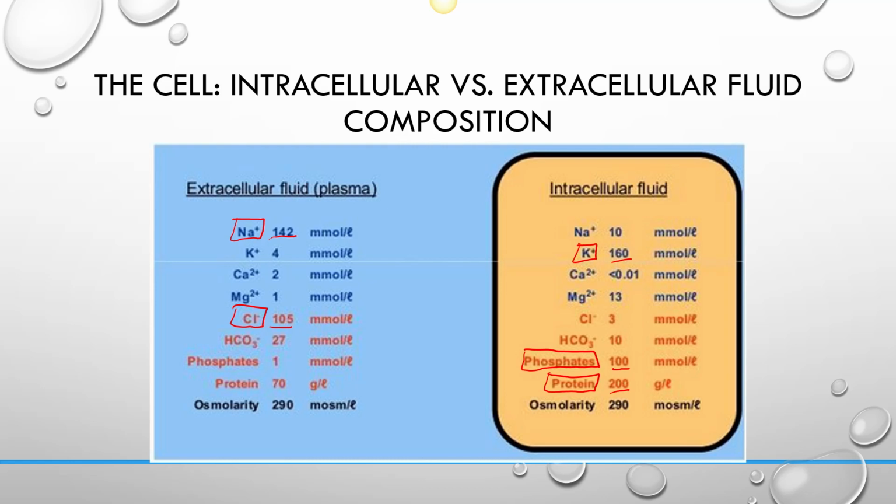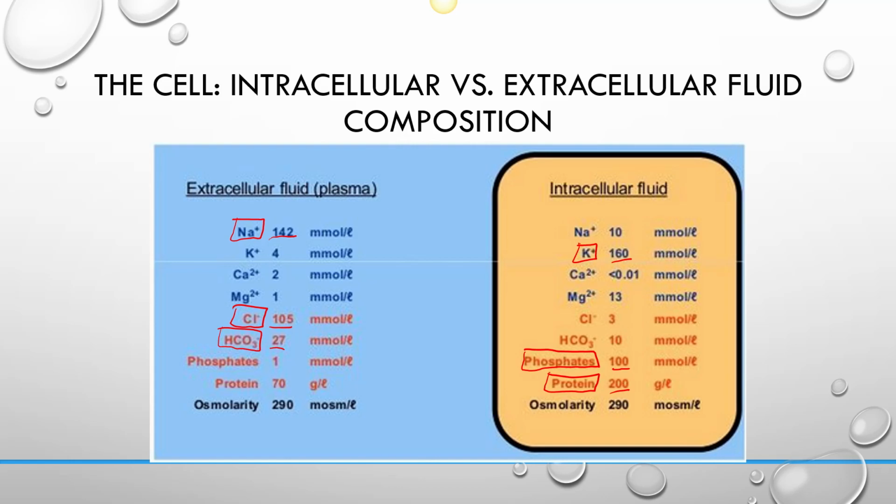Now, another thing you're going to notice on the extracellular fluid is bicarbonate is much higher, but those are really the major intracellular and extracellular cations and anions. You should be familiar with where these are located.